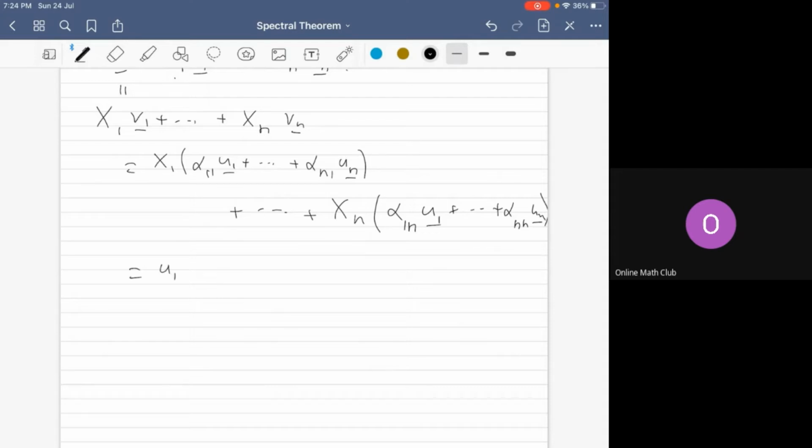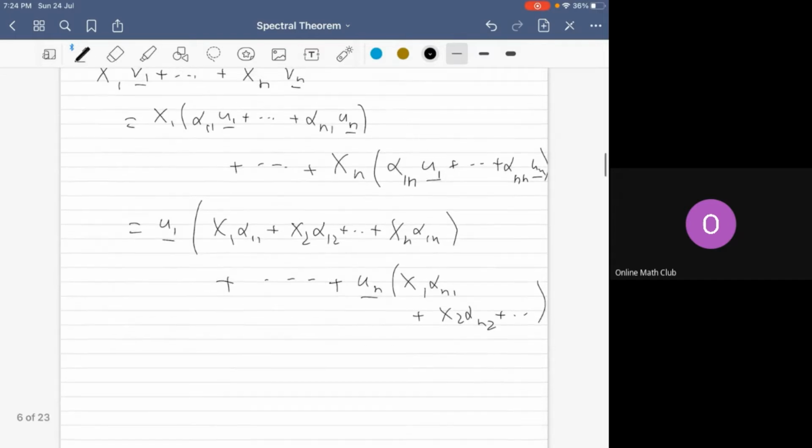So u1 gets multiplied by x1 alpha 11 plus x2 alpha 12 plus xn alpha 1n, and so on. Un gets multiplied by x1 alpha n1 plus x2 alpha n2, and similarly for each i.